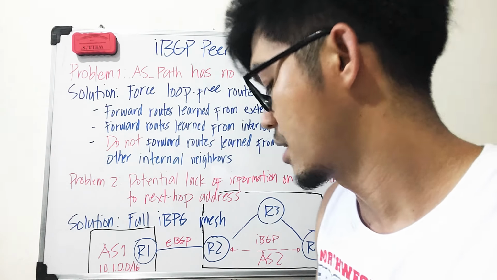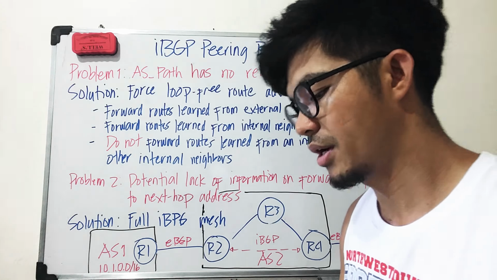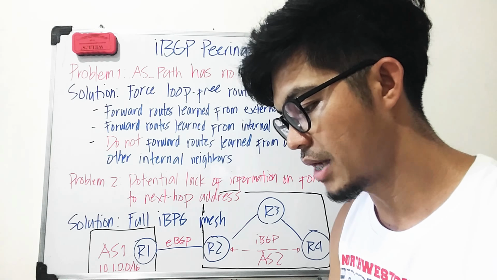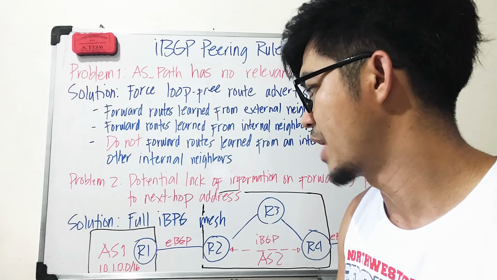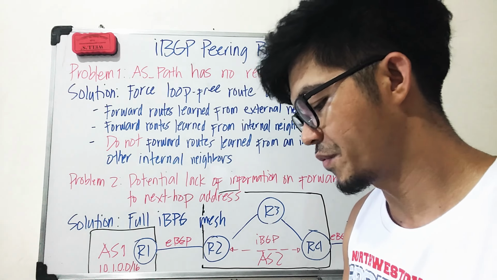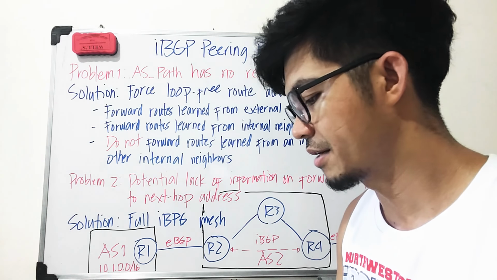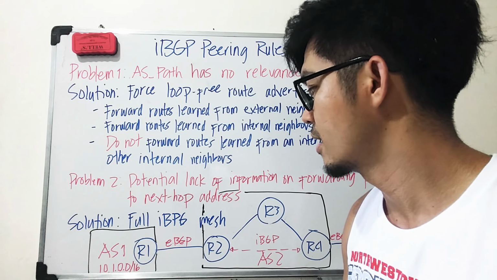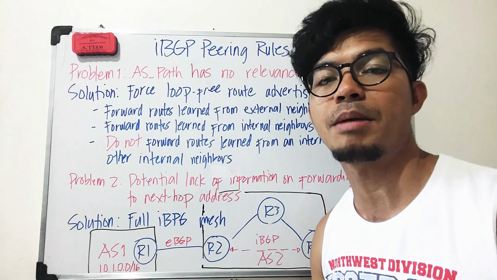I'm gonna talk more about full iBGP mesh maybe in the next video, and I will talk about how we can scale a full iBGP mesh, because we're gonna have problems if we implement this kind of topology or design. So we can actually use route reflectors and configurations, but I'm gonna talk about that maybe in the next video.